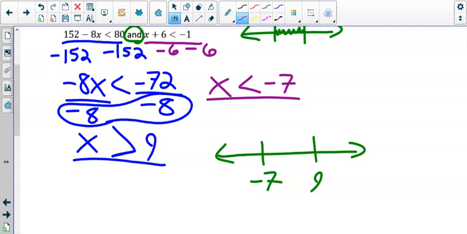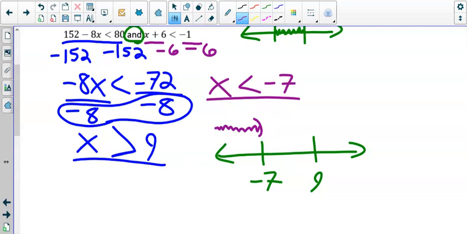Only if you see that line underneath this symbol like that, will it be an equal to. So we know it's a parenthesis. Now which direction do we shade? Do we shade to the left of the -7 or to the right? To the left, because you follow the arrow. Okay? As long as your variable's on the left side, we can follow this arrow right there. So we got a parenthesis, and it shades this direction. Okay?